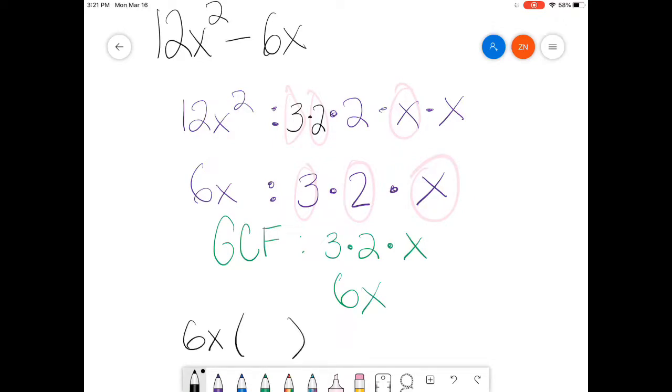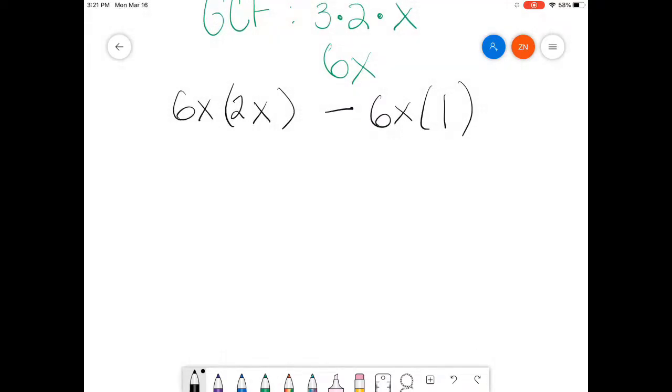How can I make 12x squared? Minus 6x in front. How can I make 6x? Well, I know 6 times 2 gives me 12, and x times x gives me x squared. 6x and 6x are the same thing, so I know this is going to be just 1, because anything times 1 is itself.